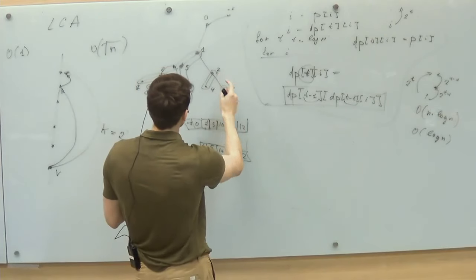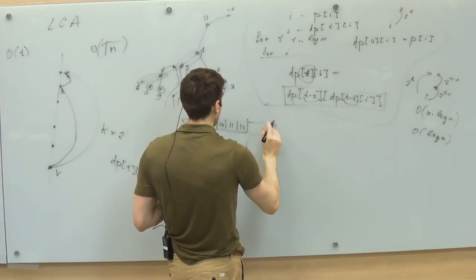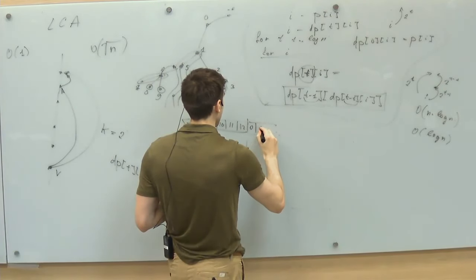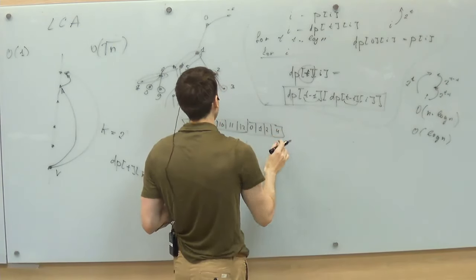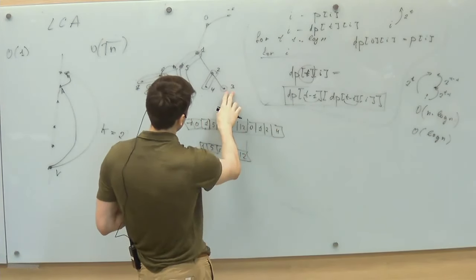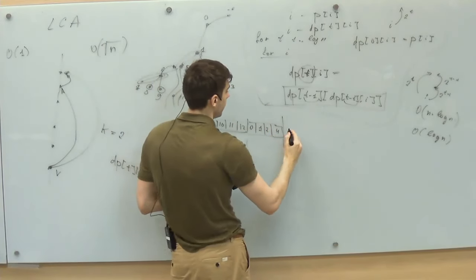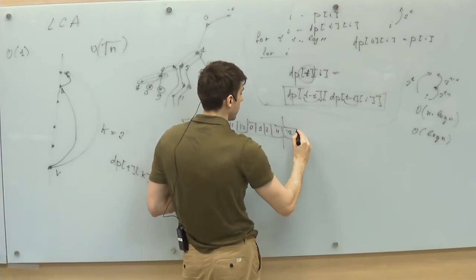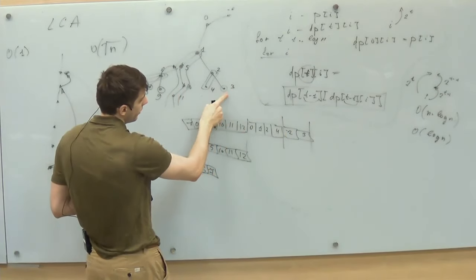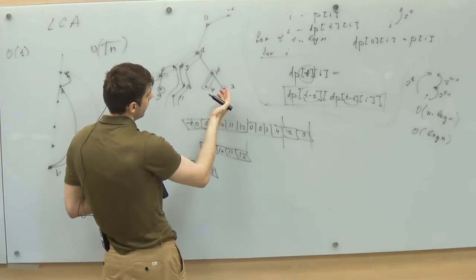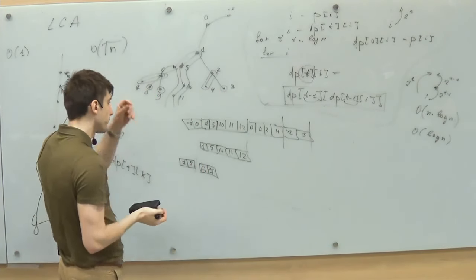And for this path, we will write 0, 1, 2, 4. And for this path with 3, we will write 2. Remember, 2 is not in its path, but we will just increase the path by 1, because 1 is the length of this vertex.